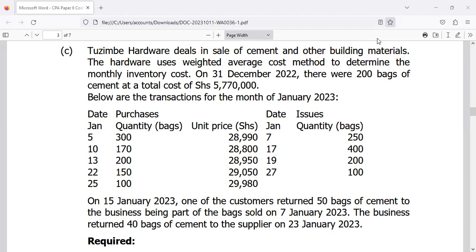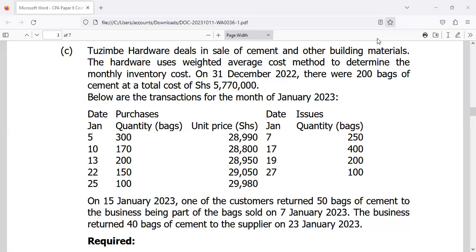Remember, when a business purchases items of inventory, they may pay different prices due to diversity in the types of inventory stock or the same stock items purchased at different times.